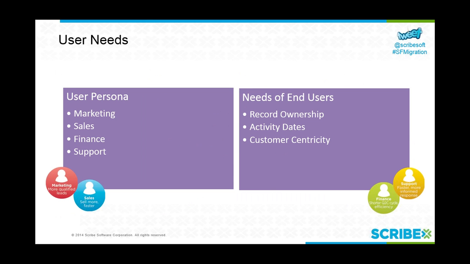So what I basically mean with that is, your record and data ownership needs to be tied to the right person, along with any related activity history or tasks or opportunity, for example. And of course, you want to ensure that the activity and task dates are correct as well, to maintain the quality of data within the system.